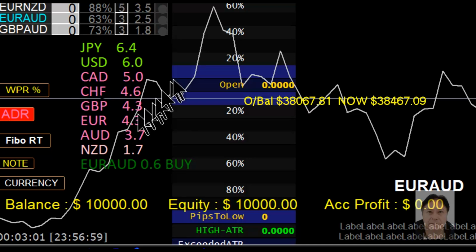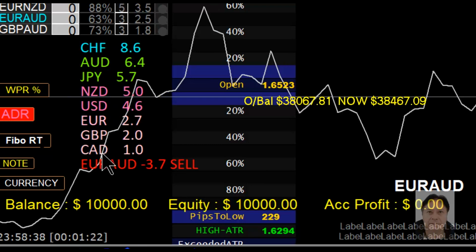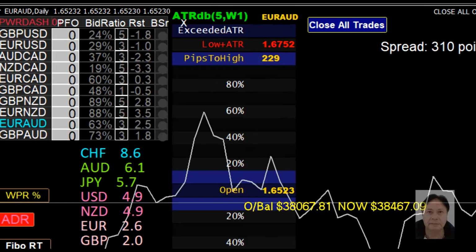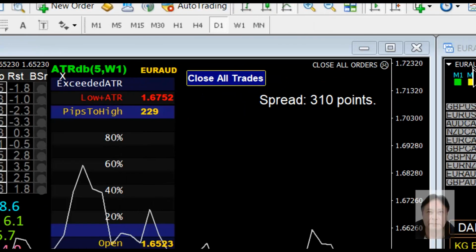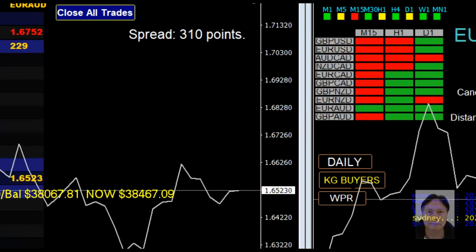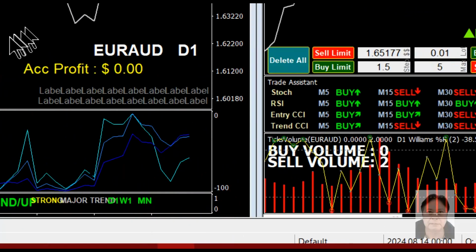Because the market price line is now showing an uptrend, the euro is above the Australian. If you're going to do a buy order, preferably the euro should be up here, and the Australian dollar at the very bottom. Okay, I think that covers that for the time being, and we'll just wait for the market to open.